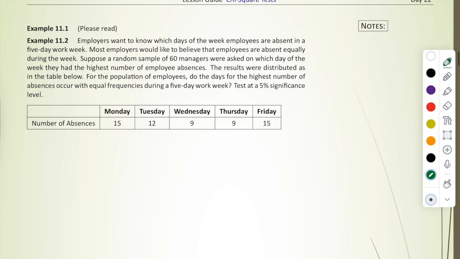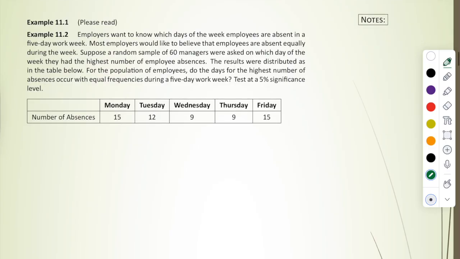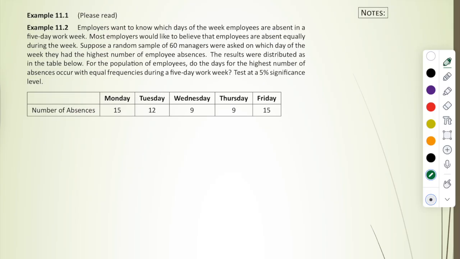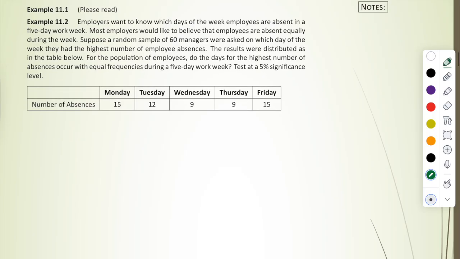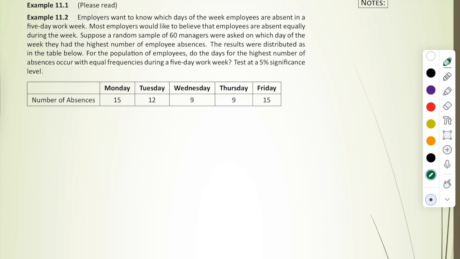The results were distributed as in the table below. For the population of employees, do the days for the highest number of absences occur with equal frequencies during a 5-day work week? Test at a 5% significance level.